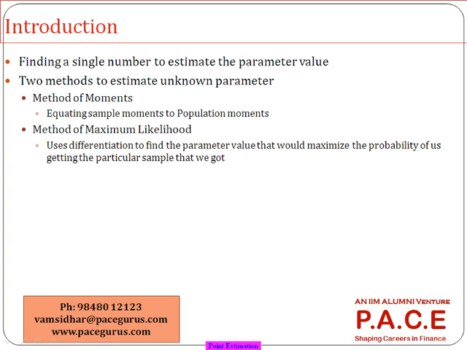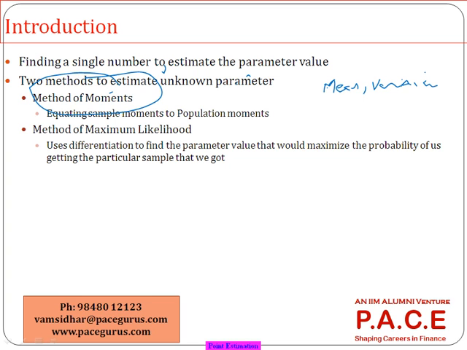We will talk about the two major methods to do that. One is called the method of moments. Moments are nothing but finding the mean, the variance, the skewness and so on from the data. They are all the typical moments. So we use the method of moments to estimate the unknown parameters.